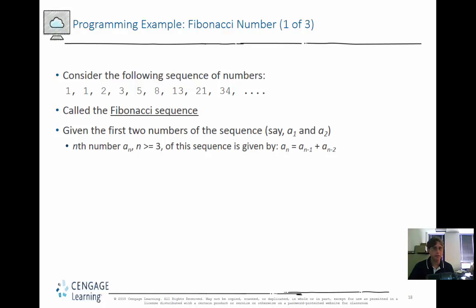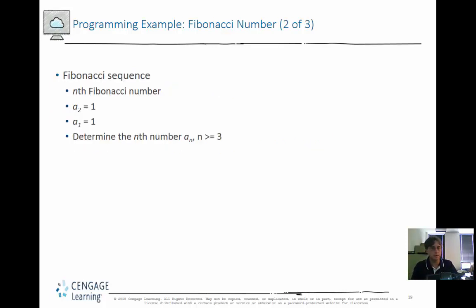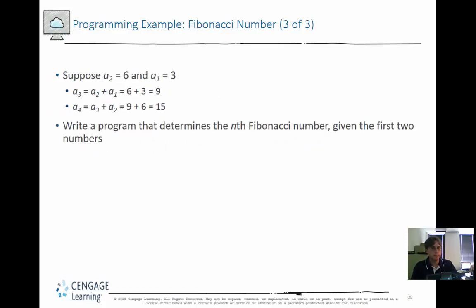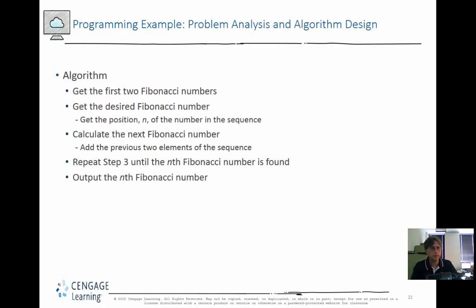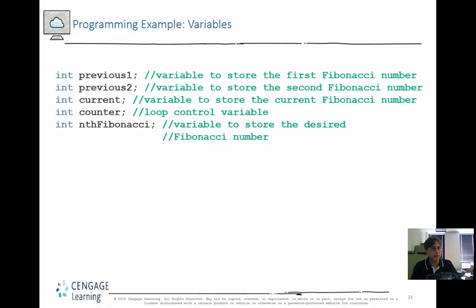The next number would be 21 plus 34, which is 55, and you could keep going like that. You could write a little loop program that would generate 100 Fibonacci numbers or whatever it is. So that was their example in the book.